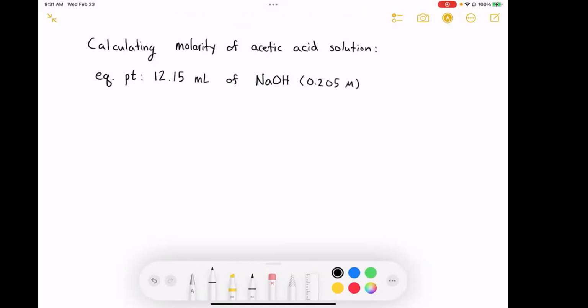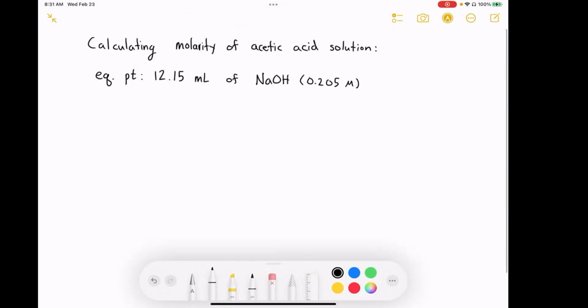Maybe you determined that in last week's experiment, when we did the strong base titration. If you don't know, you should have figured this value out even if you did the graph. For the sake of future experiments, just use the value you determined in last week's post lab for strong acid, strong base. Okay, so at our equivalence point, we have 12.15 mL of sodium hydroxide, 0.205 molar.